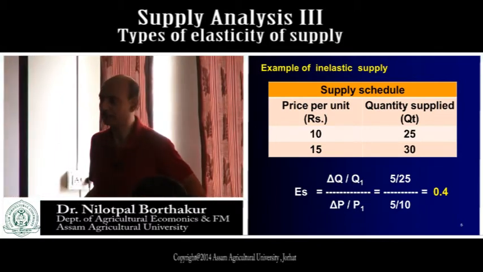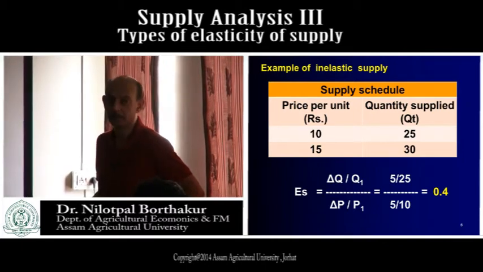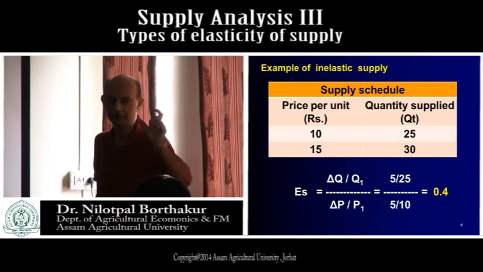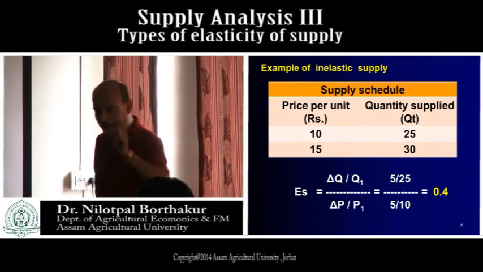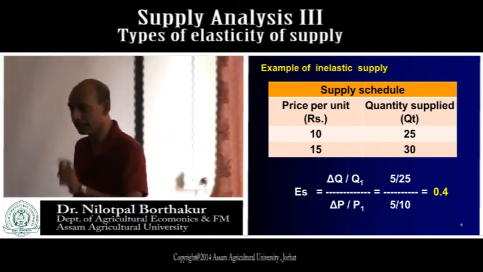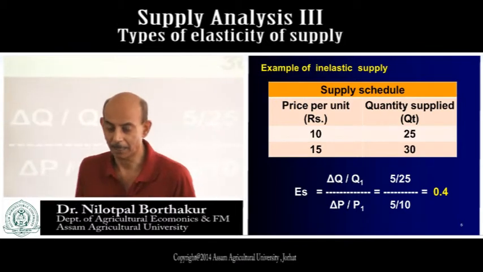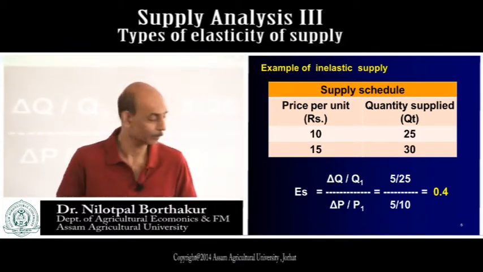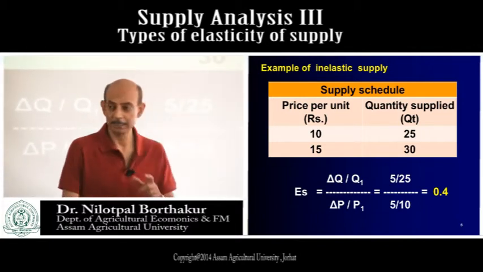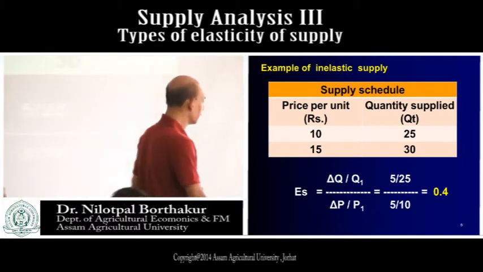That means by how many percent? 25 to 30, there is increase of 5. 5 is 20% of 25. Quantity supplied increases by 20%, while price increases by 50%. 20% divided by 50%, it comes to 0.4. It is less than 1. That is why it is inelastic supply.